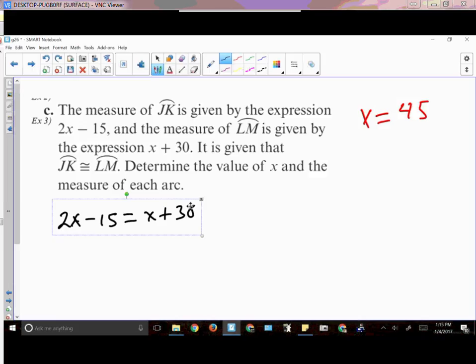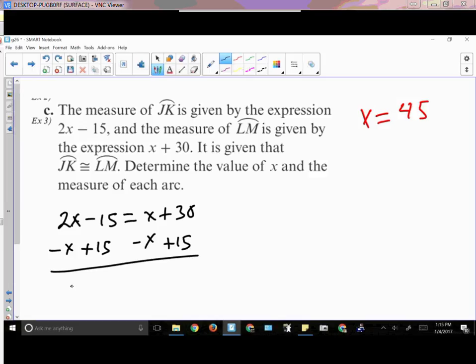So if I subtract an x, I subtract an x, I add 15, I add 15, I end up with x is equal to 45. And so if I want to find out what that is, well, I could just put x plus 30, so that means it's going to be 45 plus 30, which is 75.